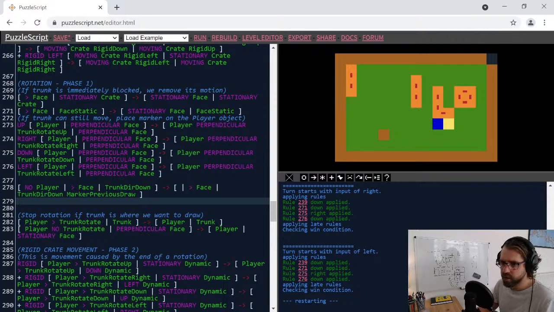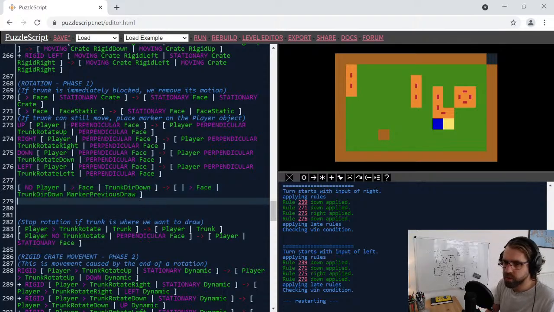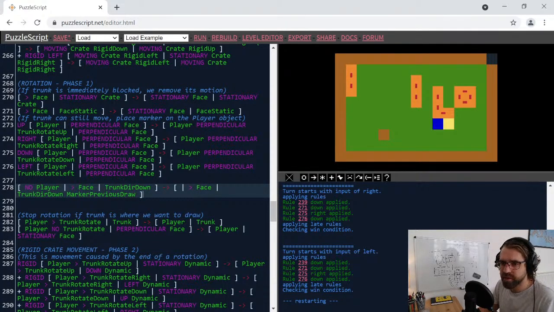How do I know which way that's going to go? Marker previous draw, I guess that's what I could do. I could put a thing on it. No, I can't.